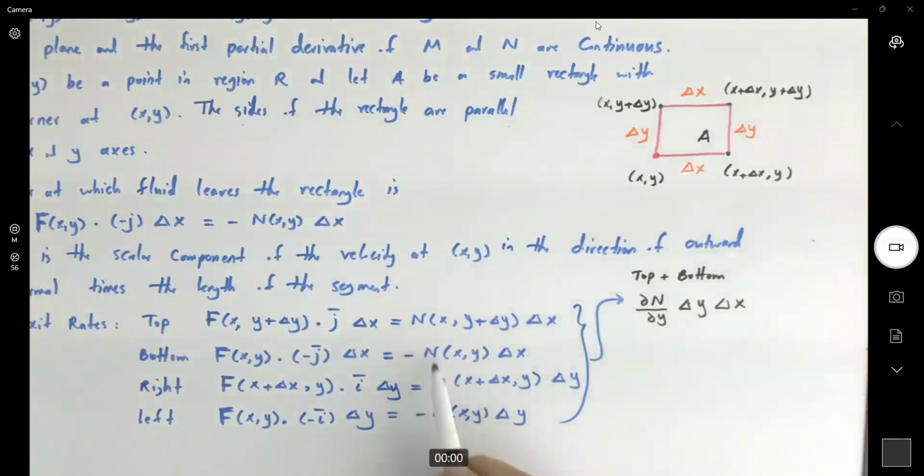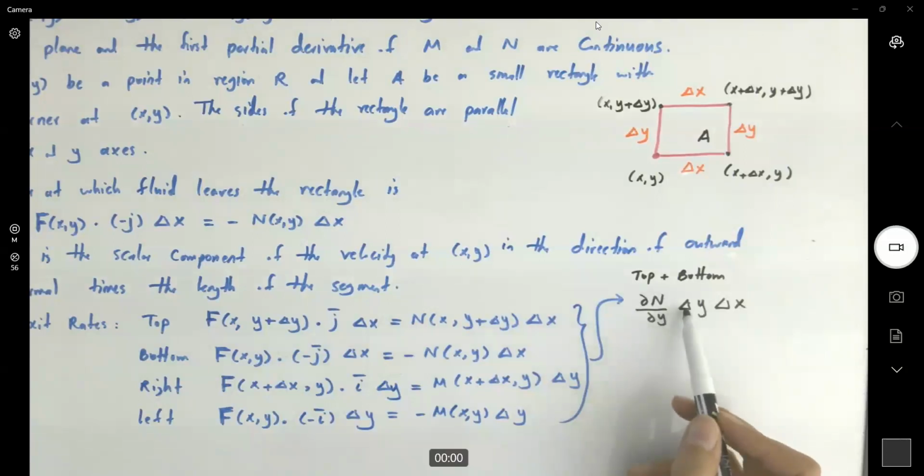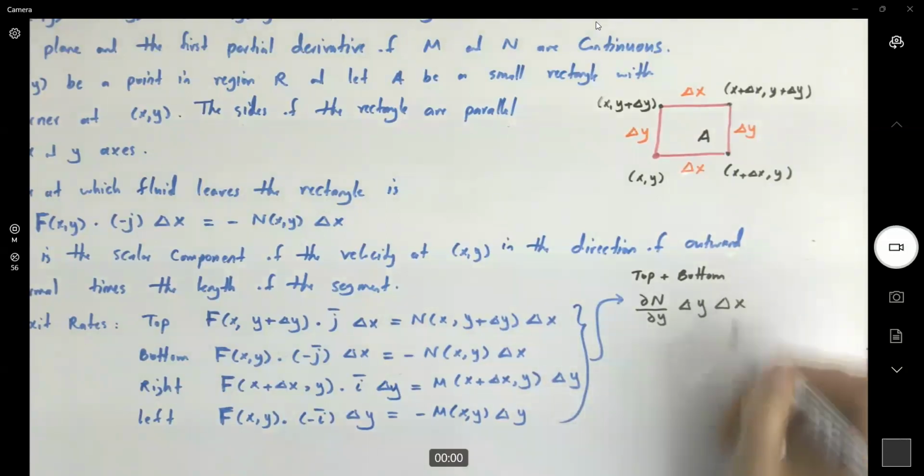Because there's a difference between n of x and y plus delta y and n of x and y, if you remember taking the partial derivative, this is nothing but the partial derivative of n with respect to y times delta y times delta x.